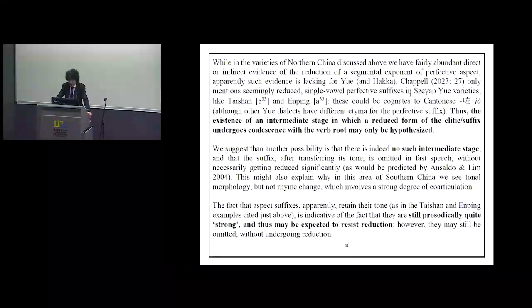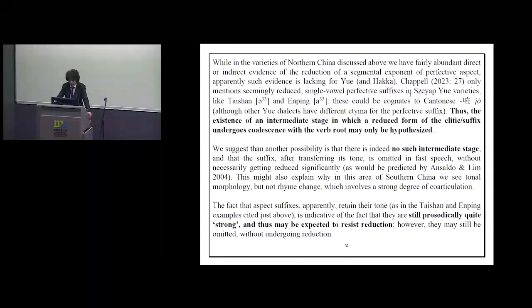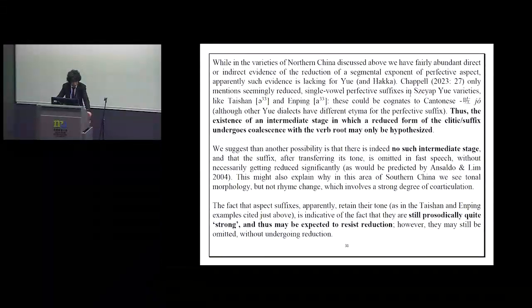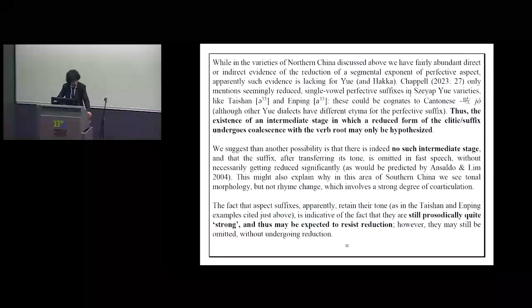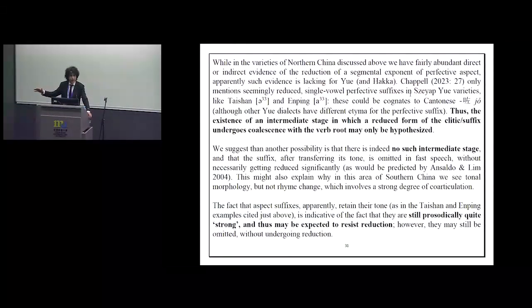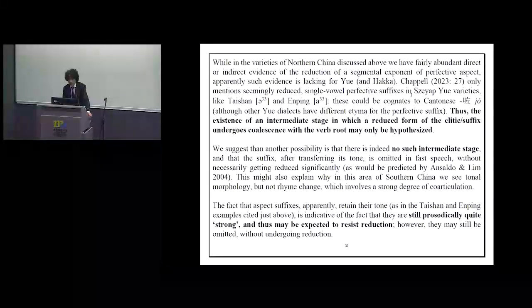And the fact that aspect suffixes apparently retain their tone, like zo and the rest, tells you that they're still prosodically quite strong, and so they might be expected to resist reduction, right? They can be omitted, this is fine, but without undergoing reduction first. So it seems that the processes at work are really a bit different.